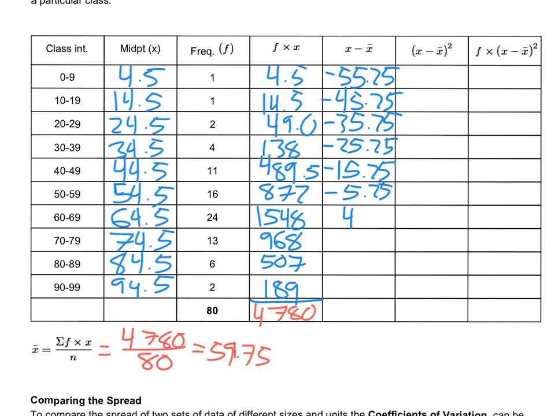And we go positive again, so it's going to be 4.75, 14.75, okay, and then the next column we're going to square those numbers.